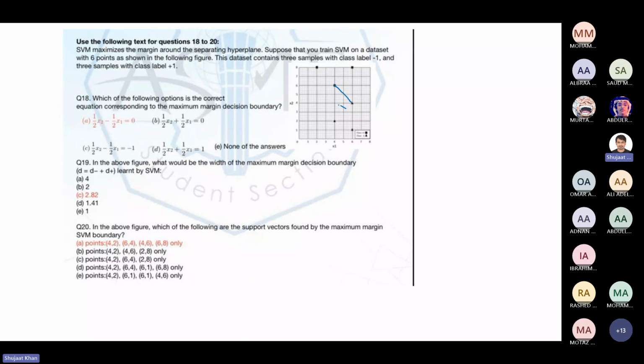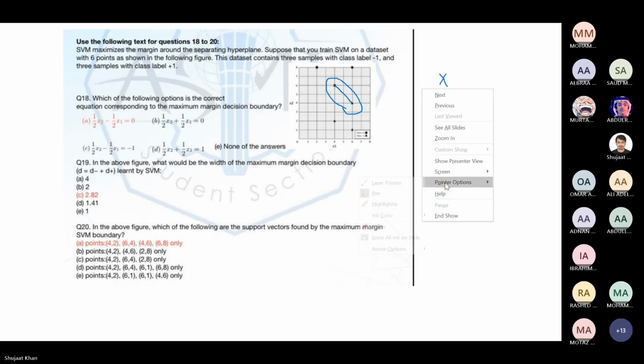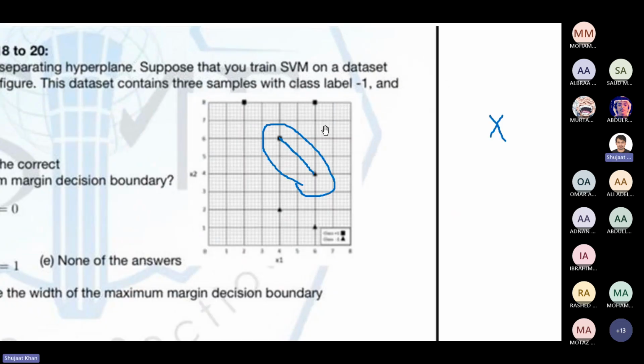If you don't know how to find the slope, the formula is very simple: just subtract. So this is y, 6 minus 4, and the x2 component.